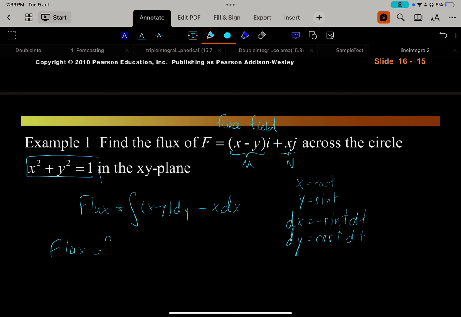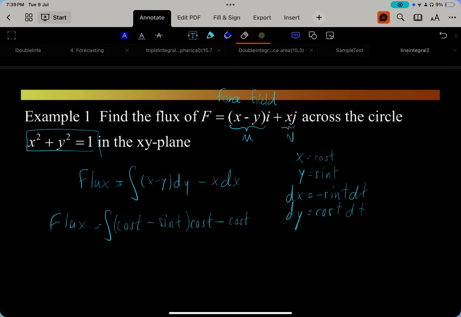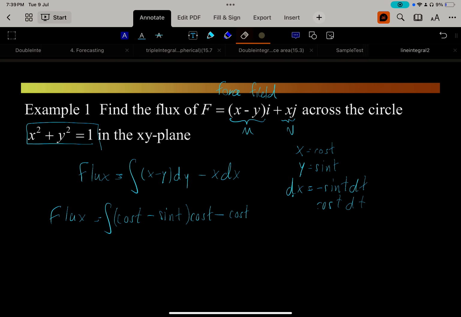So the flux equals the integral of cosine of t minus sine of t, times dy, which is cosine of t dt, minus x times dx.